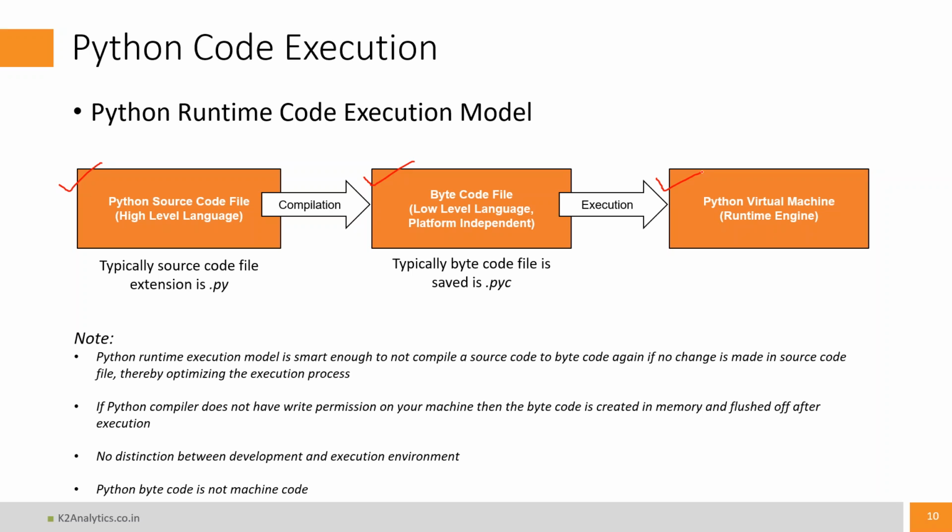Then that .pyc, the bytecode, is sent to the Python runtime engine, and the runtime engine then interprets it and gives you the output. That's the process of code execution in Python.